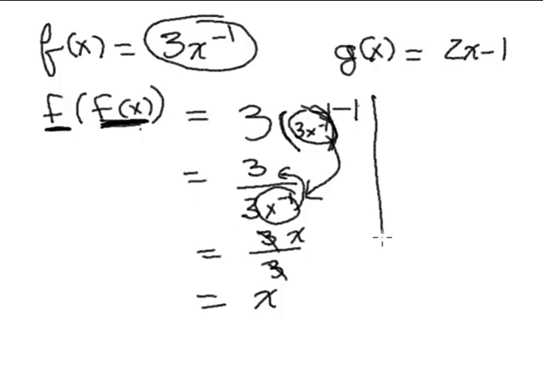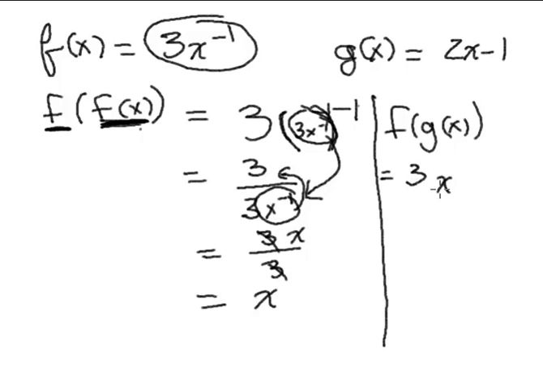Okay, now let's see how we would do f of g of x. So that's the one we're going to do next. Okay, I start by writing my outside function, which is 3x to the negative 1. Now I'm going to erase this x and replace it with g of x.